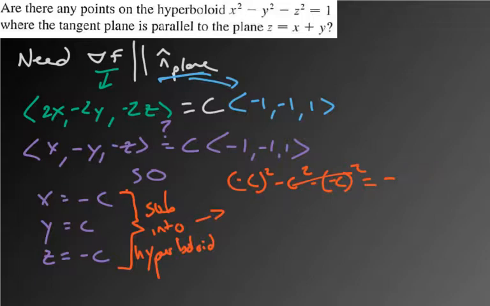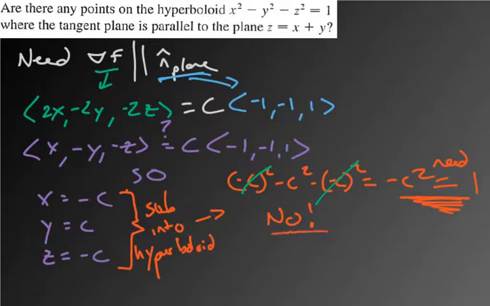Sorry, let me go back here. So these two would cancel, and then you have minus c squared, and this needs to equal 1. Assuming we're not dealing with imaginary values, which we're assuming here, then no, it does not work. There are no points on that hyperboloid where the tangent plane is going to be parallel to that plane.